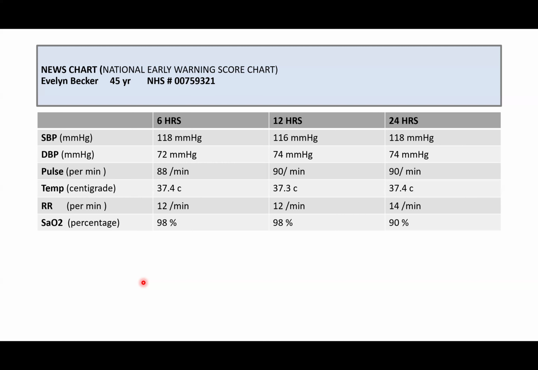We will also give you fluids to hydrate you, ask you to be mobile, and put some stockings on your legs as well.